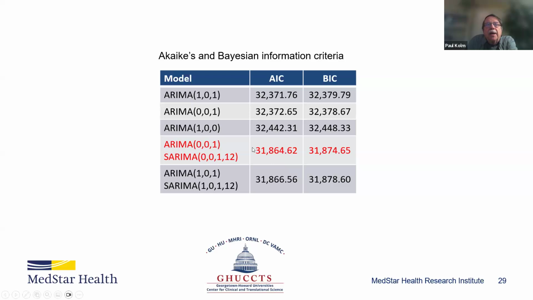And so you can see that in this case, including the seasonal aspect of the time series is probably necessary to include. So in choosing a model, that's how we choose models, by looking at the information criteria.